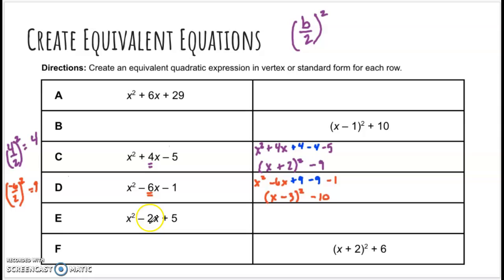All right, for those of you just coming back, ready to check your work. Our b value is negative 2, so I'm going to take negative 2 divided by 2, squared. Negative 2 divided by 2 is negative 1, and negative 1 squared is positive 1.